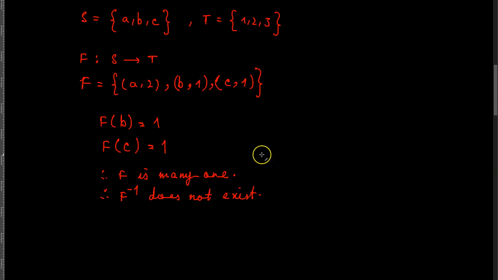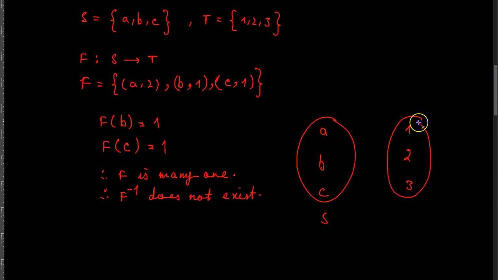The reason why that does not exist is that you have the set S, which is a, b, and c, and then you have the set T, which is 1, 2, and 3. A is mapped to 2, b is mapped to 1, and c is mapped to 1.